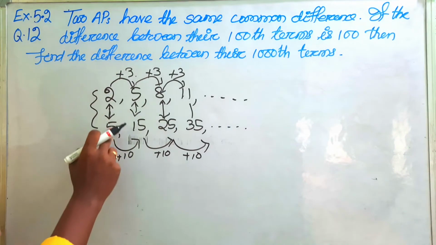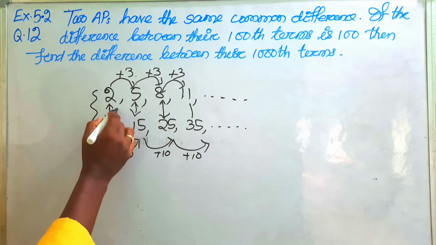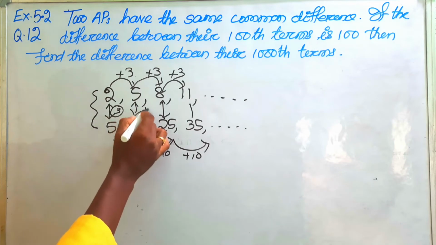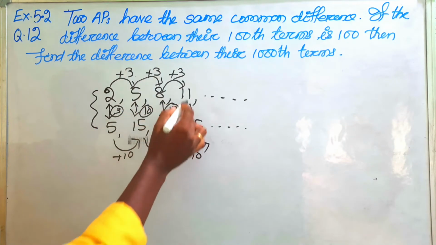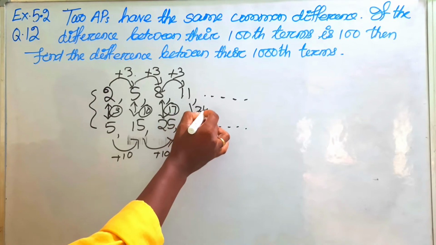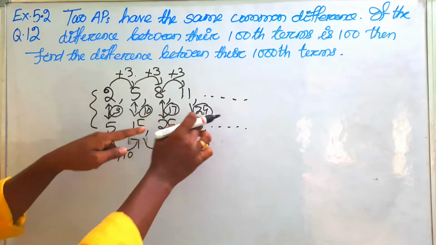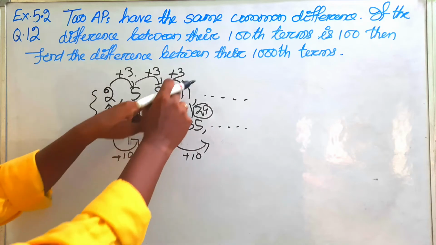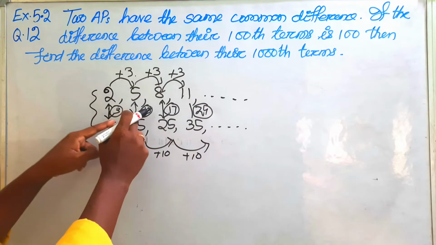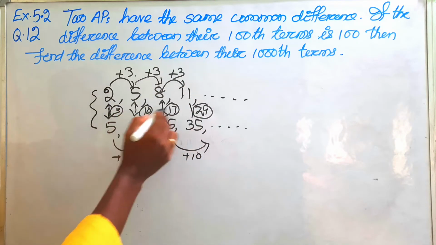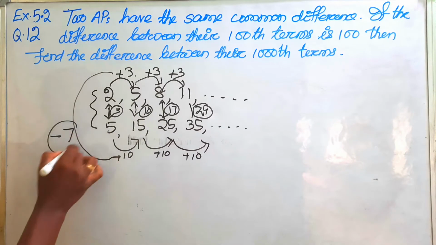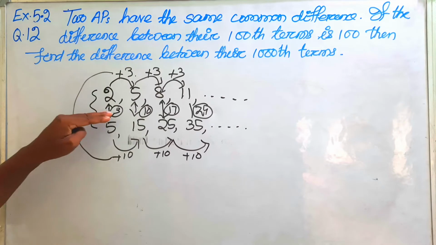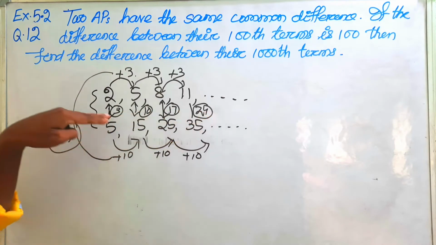Now look here, the difference is 3, here it is 10, here it is 17, here the difference is 24. The increment in the difference between these corresponding elements is 7, that is the difference between 10 and 3.